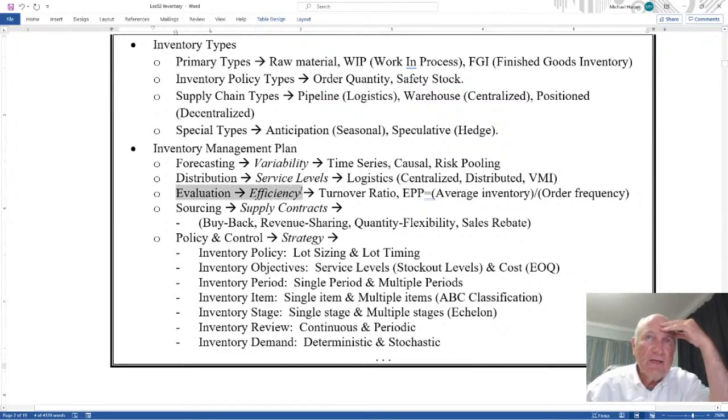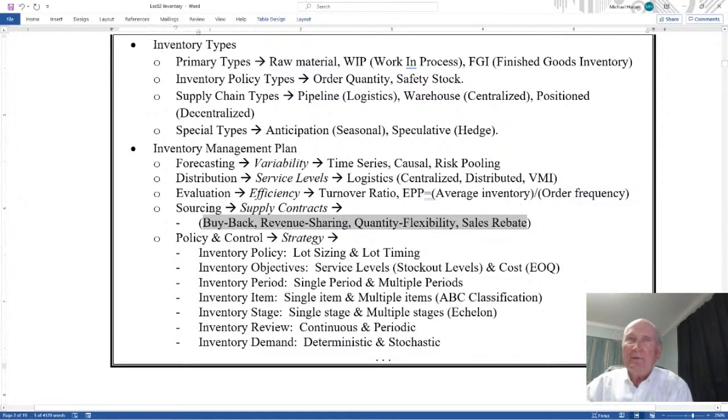Evaluation, the primary factor is efficiency, and some of the measures are going to be the turnover ratio, something called the EPP, the economic part period, which we'll define, especially when we get into ABC classification tonight. And then sourcing: supply contracts, buyback contracts, revenue sharing, quantity flexible, sales rebates. It goes on and on and on.